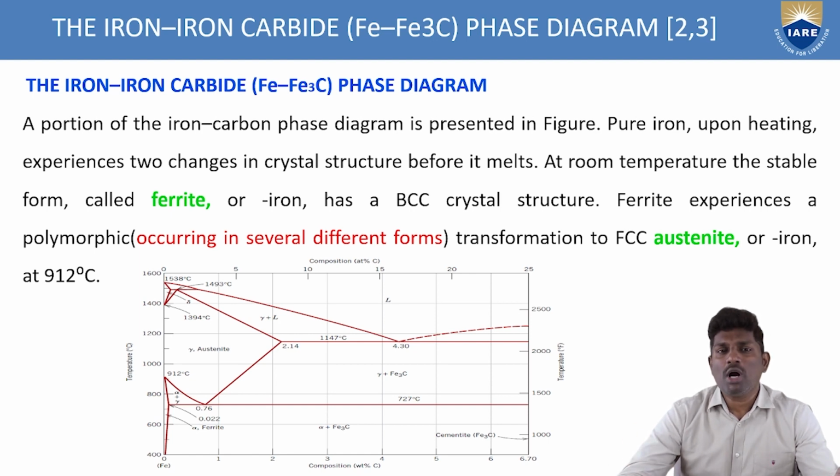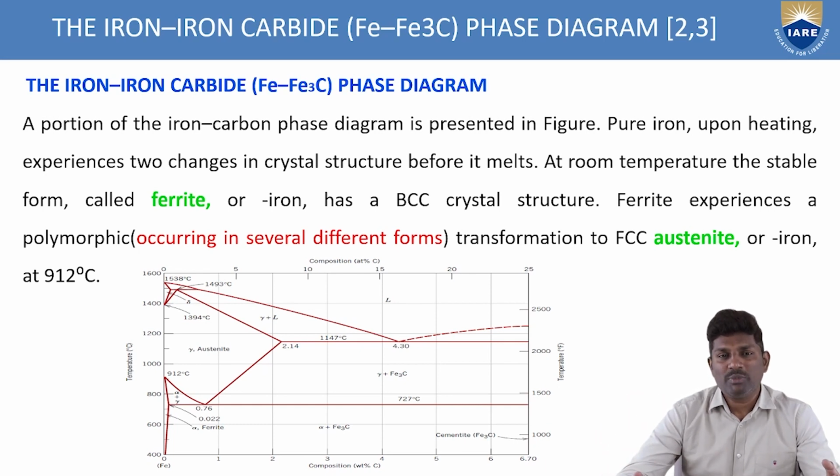If two components are there, at any point the total should be 100 weight percent. If x starts with 0, y starts at 100; x has to reach 100%, and y, since it starts at 100, has to reach 0. That is how you balance the composition at any point.